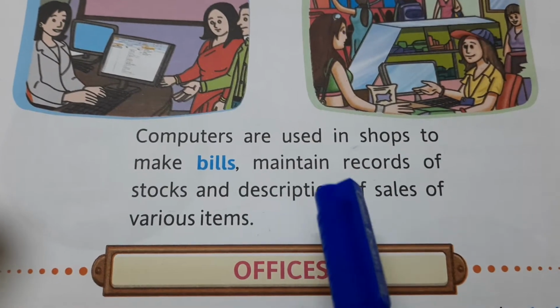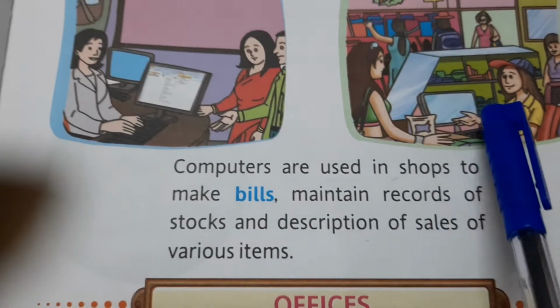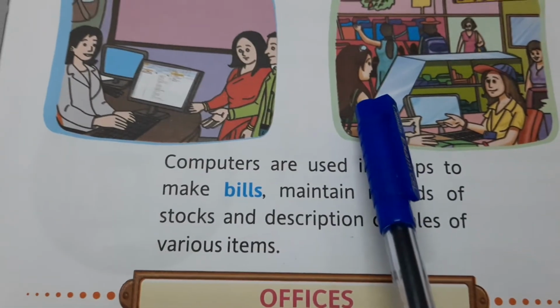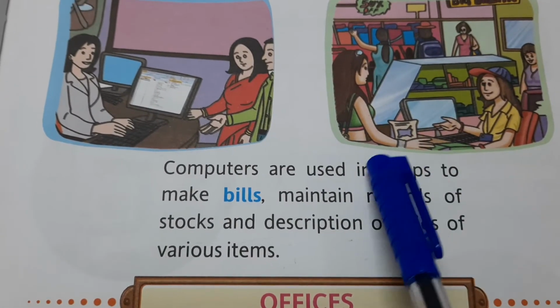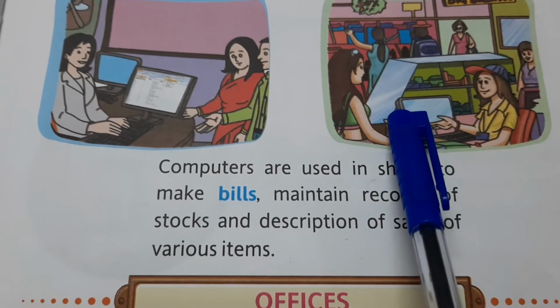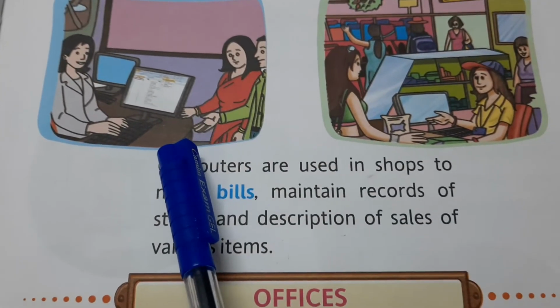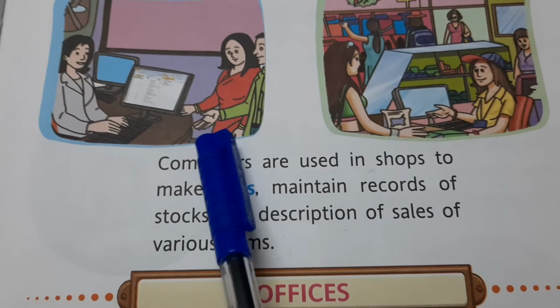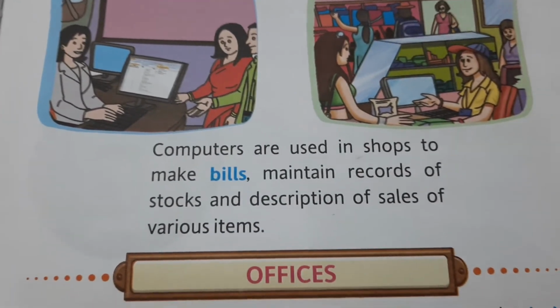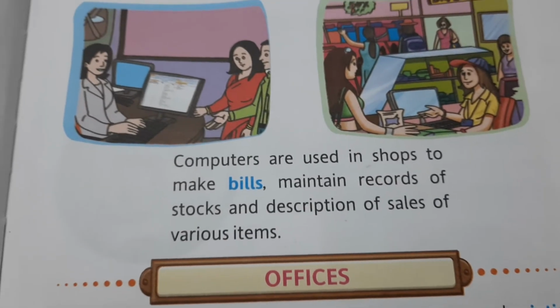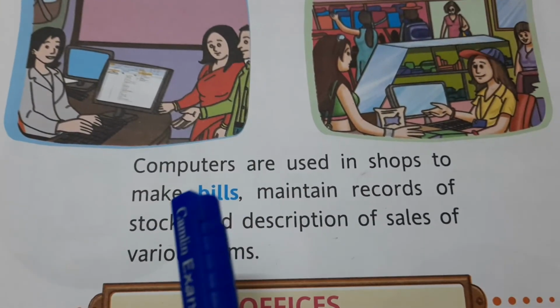And also description of sales of various items, which means what all has been sold and various details related to it. It is used in big shops, small shops, and even in the malls, where there are many floors of a single store.